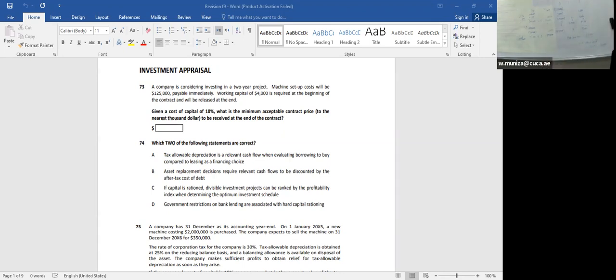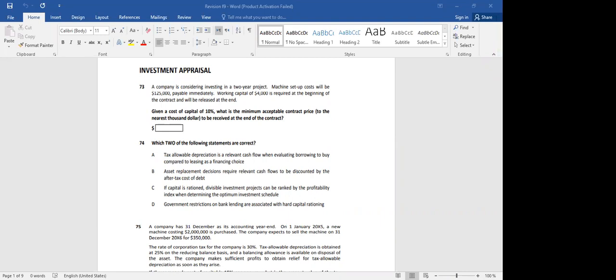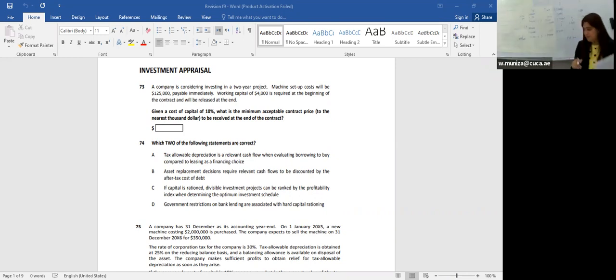So 150,000 multiplied by 0.87 is 130,500. Okay, and then 345,000 multiplied by 0.756 is 260,820.